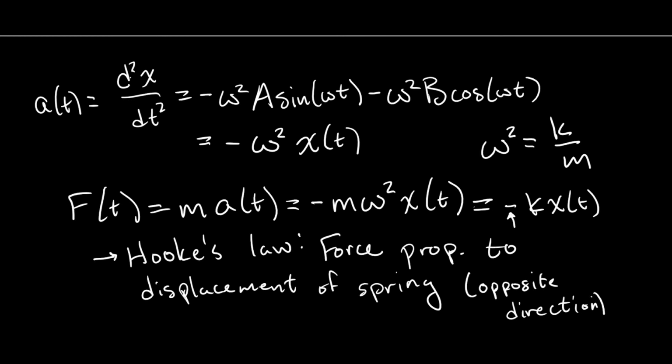Okay, so now this is very cool, because since I know this relation here, I can find k by taking a mass that I know, only one mass. I only ever have to do this for one mass. I pull the spring, let it go, and let it oscillate back and forth.